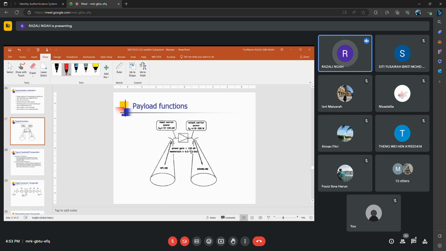So we split, let's say, 0.5 gigahertz into several subbands. Subband means we have different frequencies, so we use different amplifiers. It's not a single amplifier; it depends on the number of subbands. So we require a series of amplifiers.